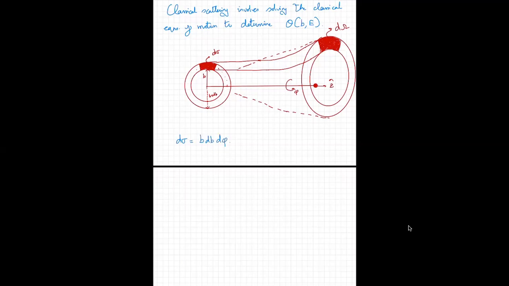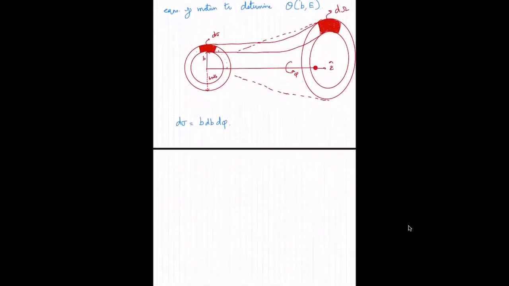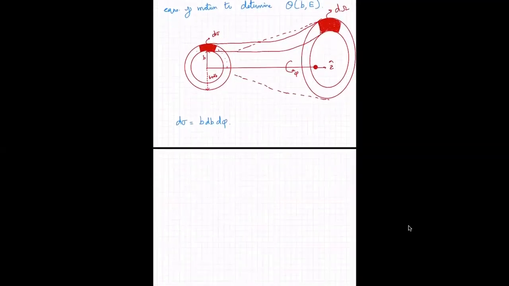If you don't believe me, you can simply try integrating this. How will you integrate it? You integrate over b, which moves you up and down, and you integrate over phi, which moves in a circle. So if you integrate b db d phi, you should get the area of the entire circle. So the integral of d sigma would be the integral of b db from 0 to b, and d phi from 0 to 2 pi.